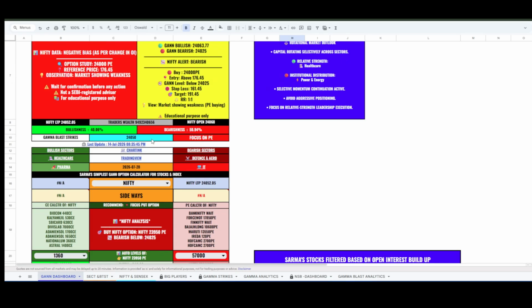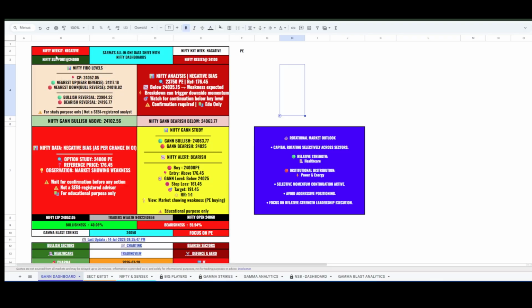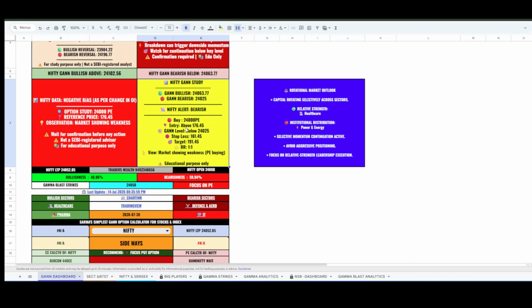This part lets you know whether Nifty is bullish or bearish, Fibonacci levels, momentum bias, overall OI change bias, open interest bias, and this is gamma bias and gamma study. Sorry, Gann, not gamma, Gann study. So the Nifty Gann study shows Gann bullish and Gann bearish. This is a live market. This is there in the morning at 9:15 itself.